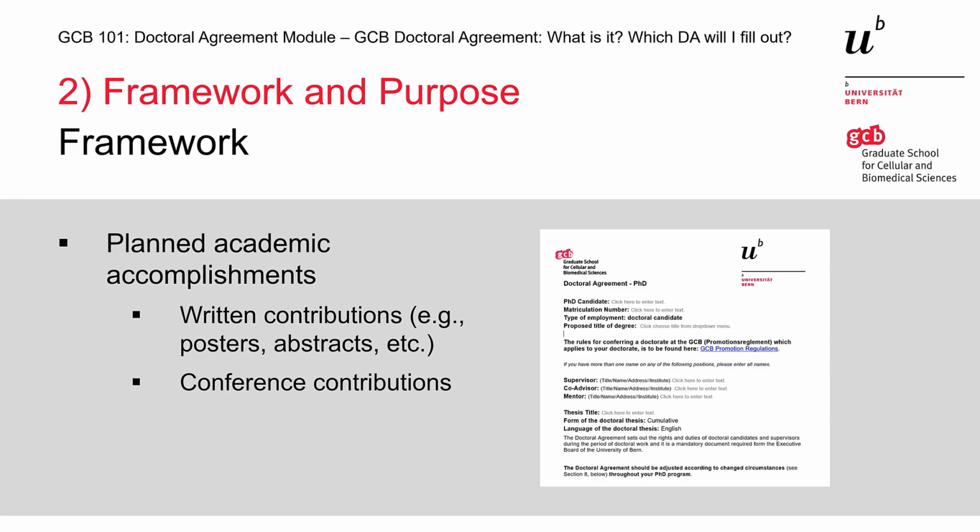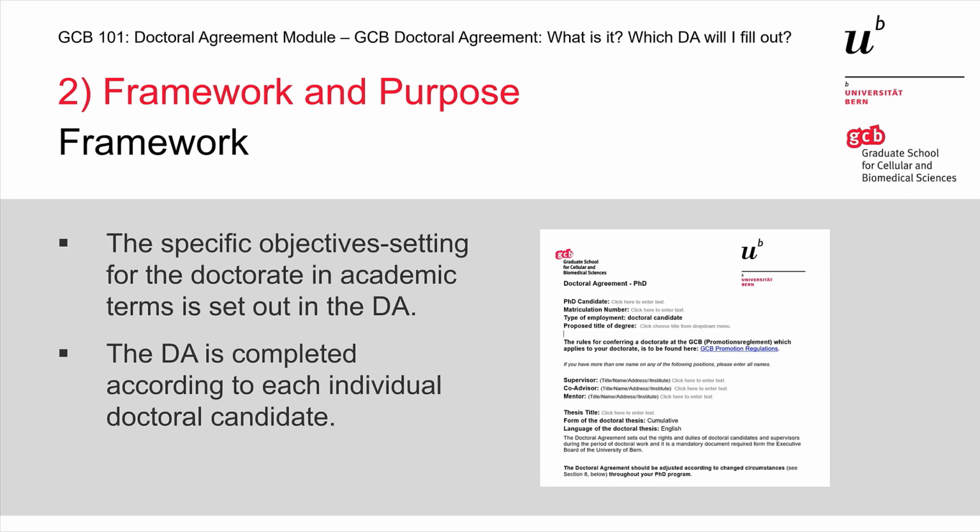On the other hand, it contains your planned academic accomplishments such as written contributions, for example, posters, abstracts, etc., and conference contributions. The specific objective setting for the doctorate in academic terms is set out in the DA. The DA is completed according to each individual doctoral candidate and their specific research project.